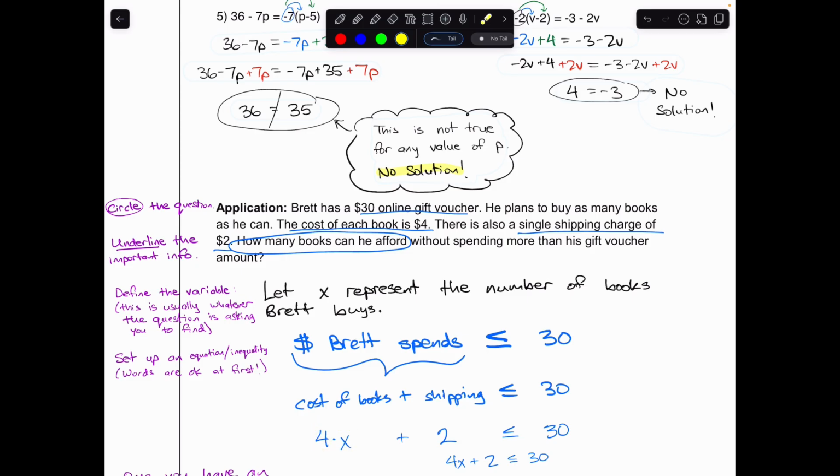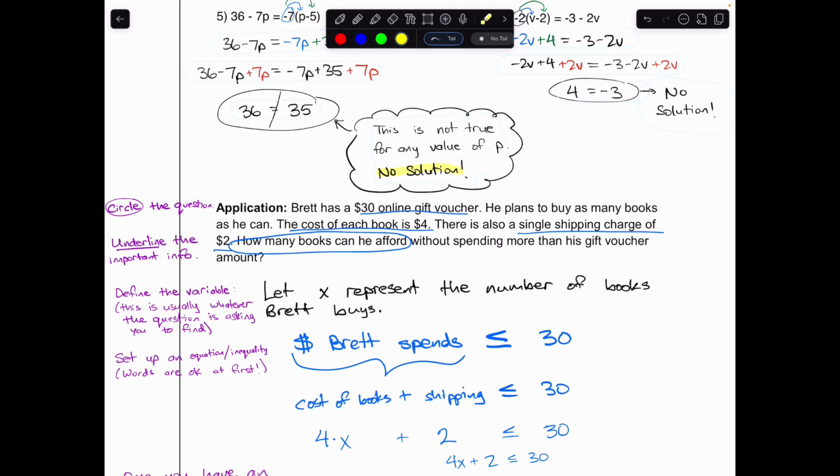If he buys one book, it's $4, 4 times 1. If he buys 2 books, it's going to be $8, right? Because it's 4 times 2. Or if he buys 10 books, it would be $40. That's too much, but we get that because it's 4 times 10, right? So 4x is the expression that represents the cost of the books.